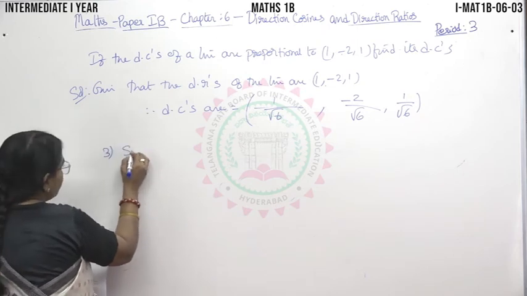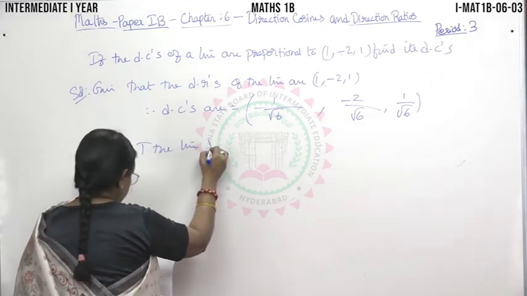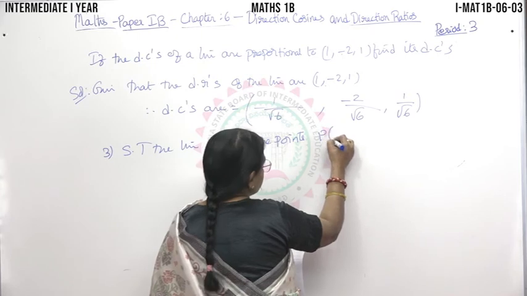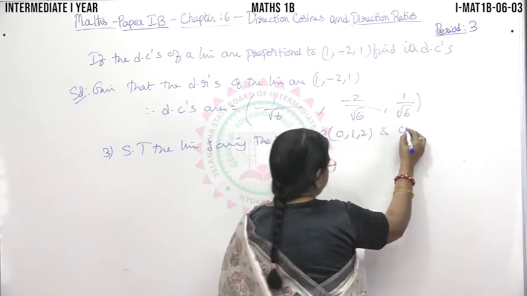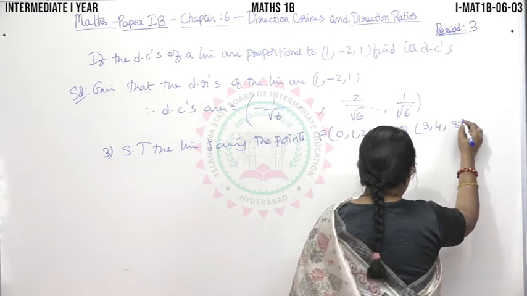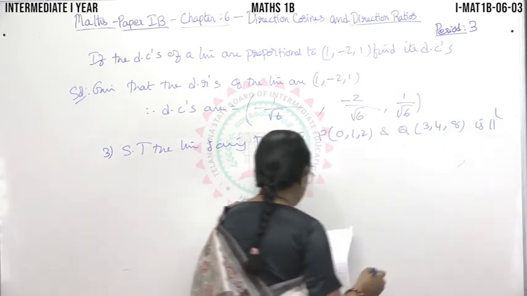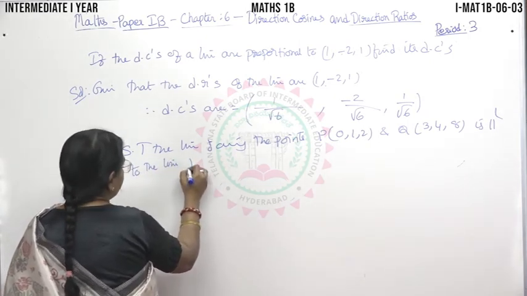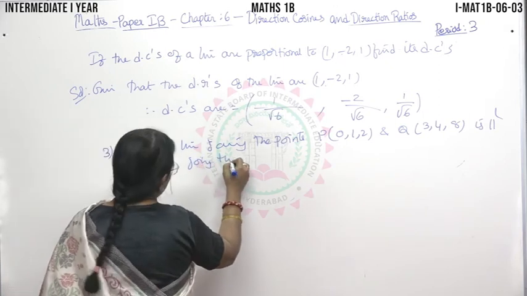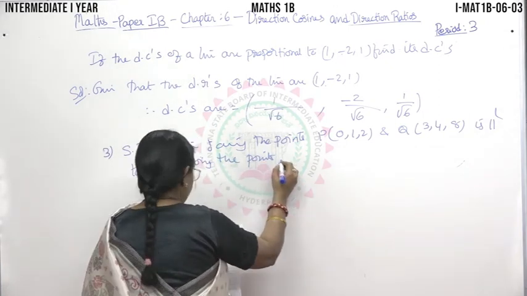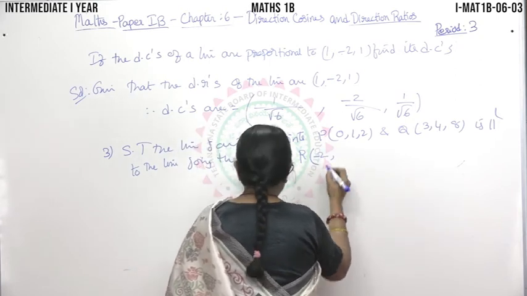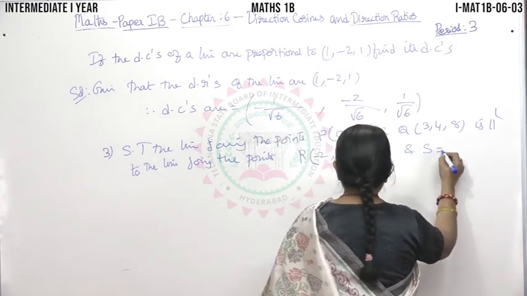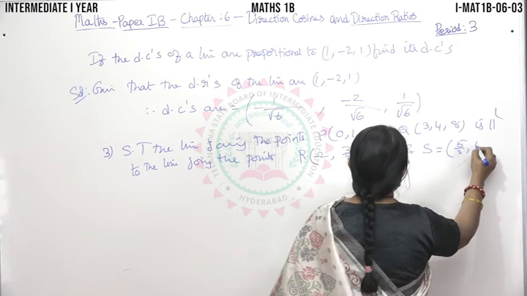Next is the third example: show that the line joining the points P(0, 1, 2) and Q(3, 4, 8) is parallel to the line joining the points R(-2, 3/2, -3) and S(5/2, 6, 6).